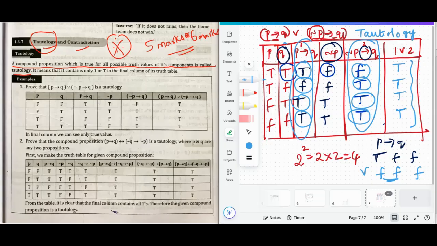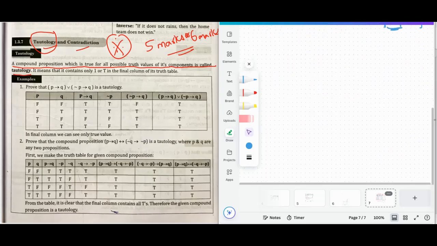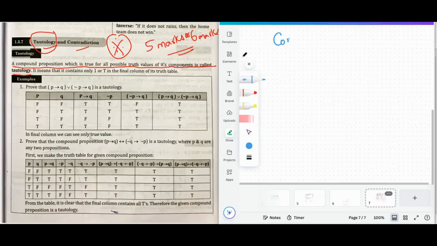Moving on to the next one, the contradiction. What is meant by contradiction? It is the reverse of the tautology.